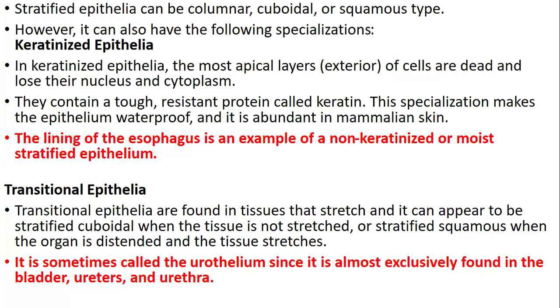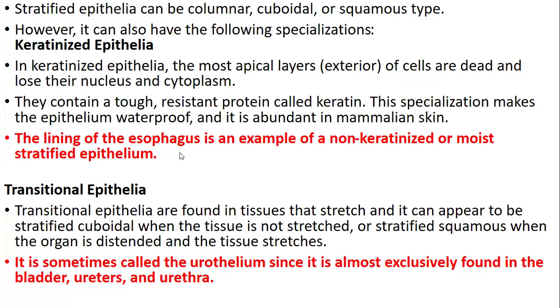They contain a tough-resistant protein called keratin. This specialization makes the epithelium waterproof and it is abundant in mammalian skin. Okay, so this is the type of layer that makes up our skin, human skin.